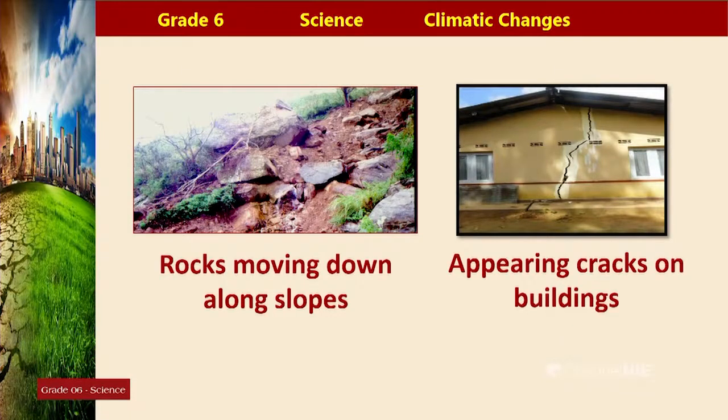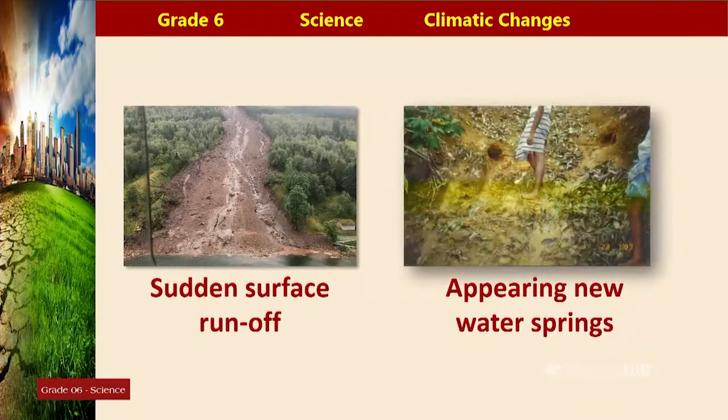If the rocks are moving, that's a prediction to say that there is a landslide occurring. Even cracks appearing on buildings show that there might be a landslide. Sudden surface runoff. Earlier there was no runoff, but suddenly whenever water drains along the surface, that might be a prior sign to a landslide. Even new water springs appearing is a prior sign.